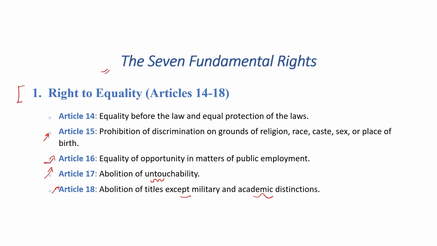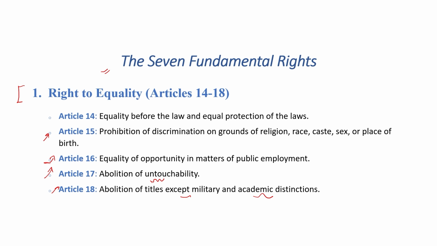So our right to equality is our first fundamental right, which is explained in Articles 14 to 18. Article 14 says equality before law. Every person is equal in the context of law. Article 15 says prohibition of discrimination on the ground of religion, race, caste, sex, or place of birth. It means any state shall not discriminate against its citizens on the basis of religion, caste, and place of birth.